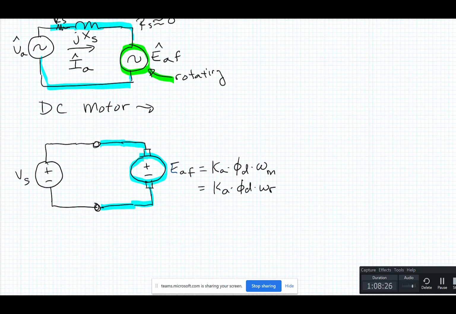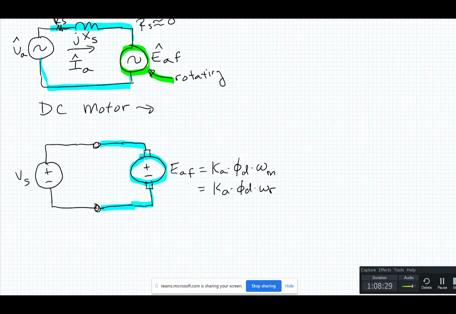Okay? And where's the field? The field could be, if I had a separately excited machine, the field is part of the structure, so it's on, but it's on the stationary part. If it's separately excited, there's no connection between these two.